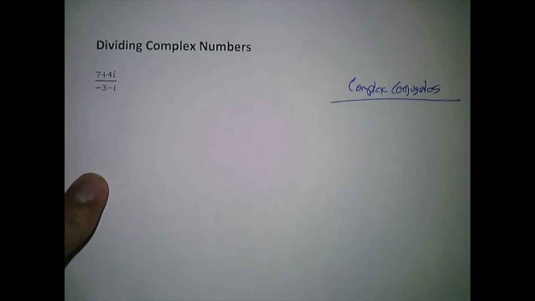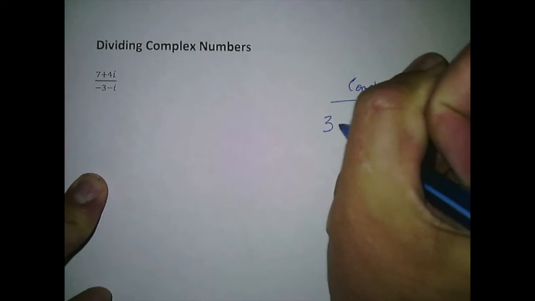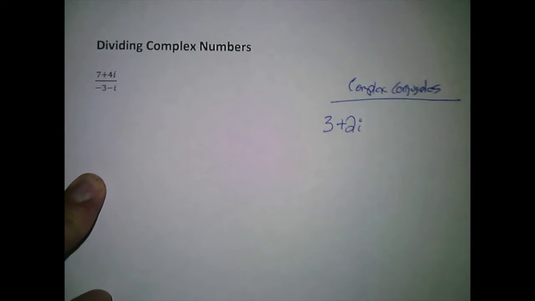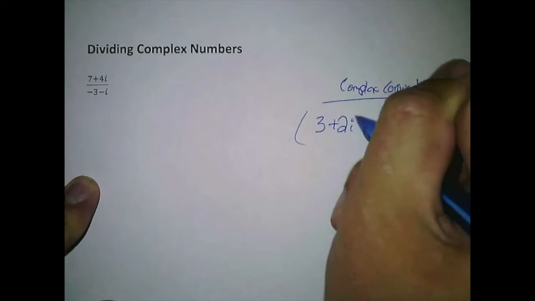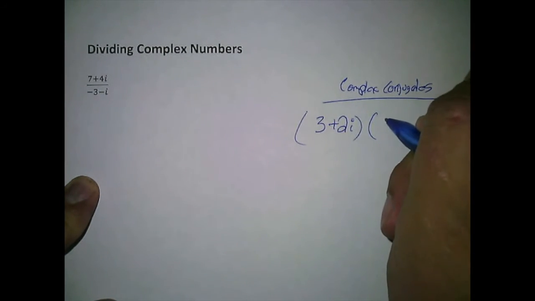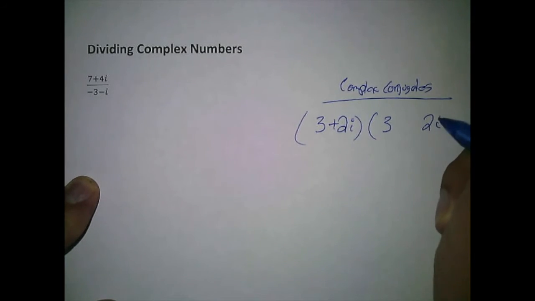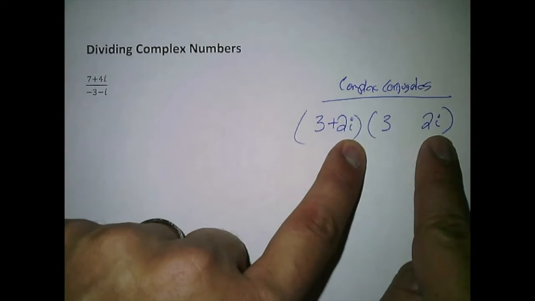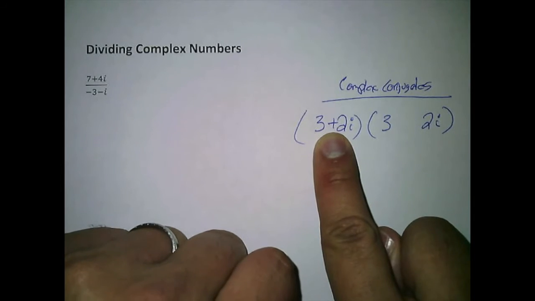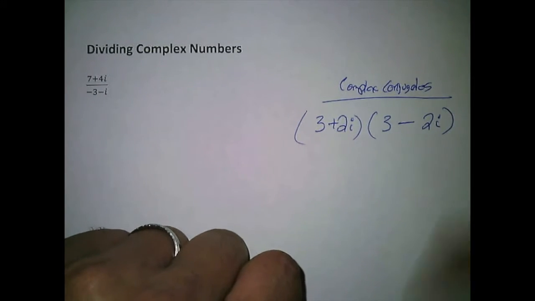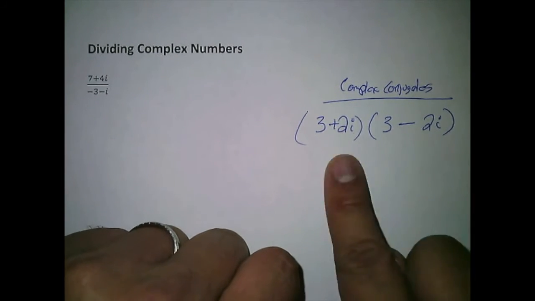Okay, here's the idea there. If you see, say, 3 plus 2i, the complex conjugate that you would multiply by is you keep the 3 and you keep the 2i, so the 3 and the 2i are the same. There was already addition in the middle, so now I'm going to do subtraction. These are complex conjugates.